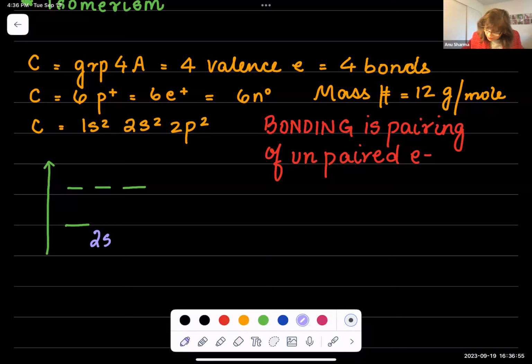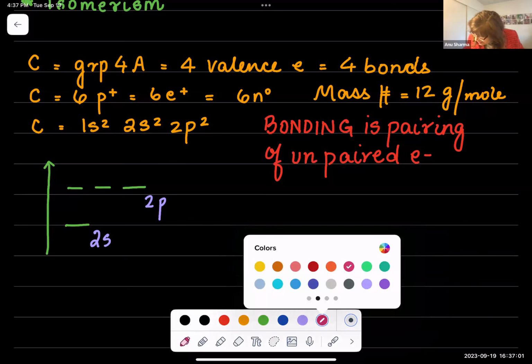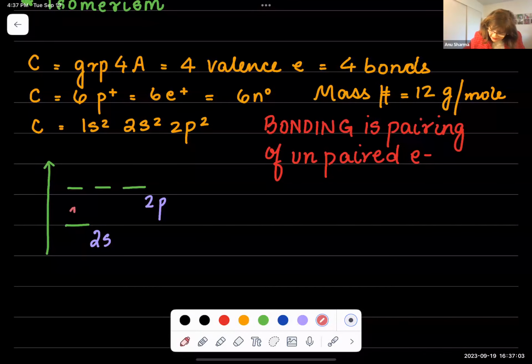The electrons are 1, 2, and then the 2p2 right here. So when you look at the electronic configuration, there are only 2 unpaired electrons. So technically carbon should only be making 2 bonds, but carbon makes 4 bonds. That means it has 4 unpaired electrons. So where are those unpaired electrons coming from?